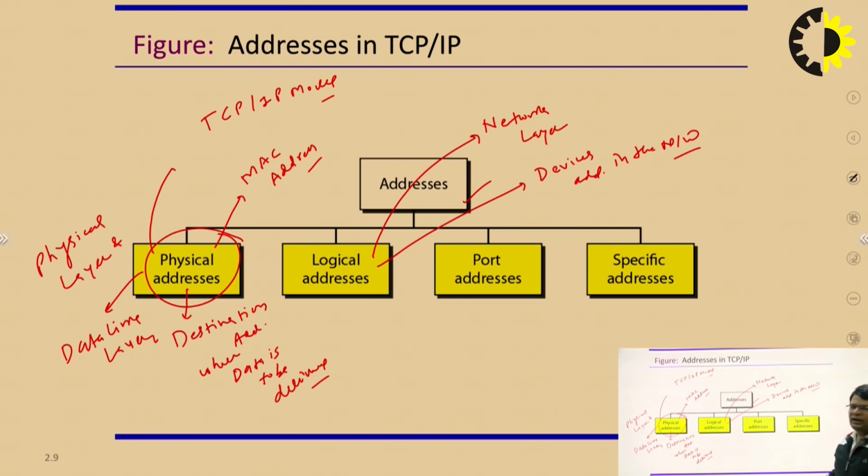That is, whenever a device is connected to the network, it requires some identity in the network. That identity is the logical address, for example, the IP address.